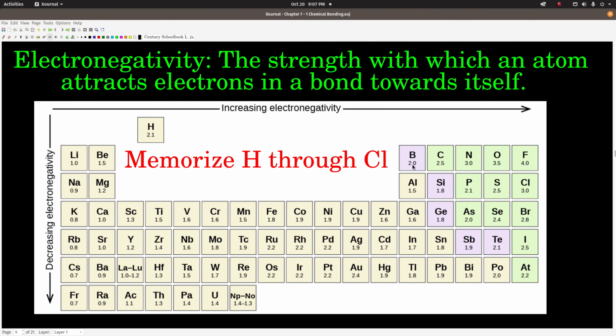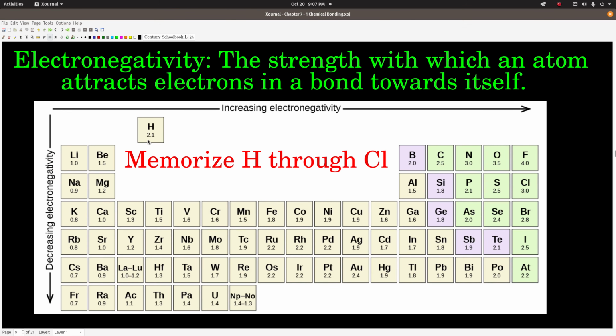These numbers here are the electronegativities of the elements, and the higher this number, the stronger that atom attracts electrons towards itself. So if you have two different elements that are bonded to each other, it's an uneven pull. One atom is going to be more electronegative than the other, and so it pulls the electrons in that bond towards itself more strongly than the other one does, and the electrons get shifted towards the more electronegative element.